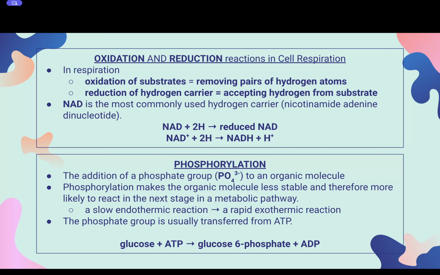An example of this would be glucose plus ATP, where ATP gives the phosphate group, which will create glucose 6-phosphate and ADP. So basically, phosphorylation will convert what would otherwise be a slow endothermic reaction into a rapid exothermic reaction.